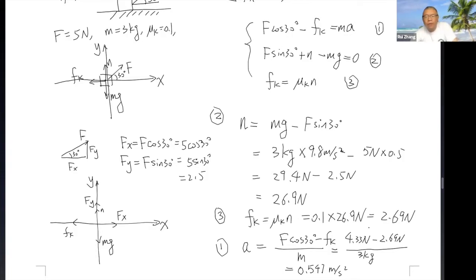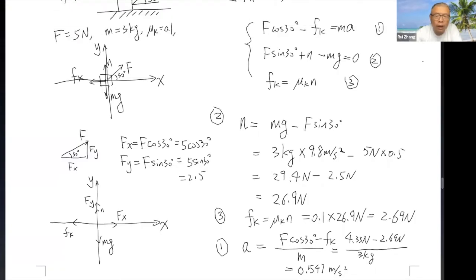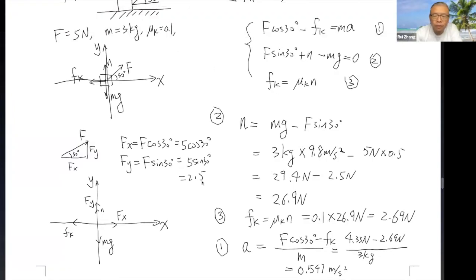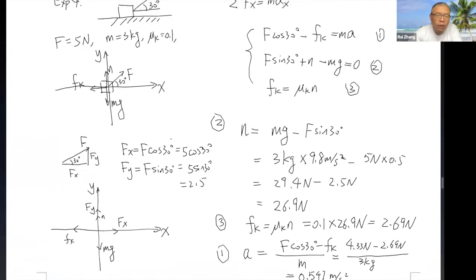Okay, so again, as you see here, this one is a little bit more complicated than the previous one, because we have a force that's not in the X or Y direction. The idea is the same; the only step we need to do here is to find the components of the force.